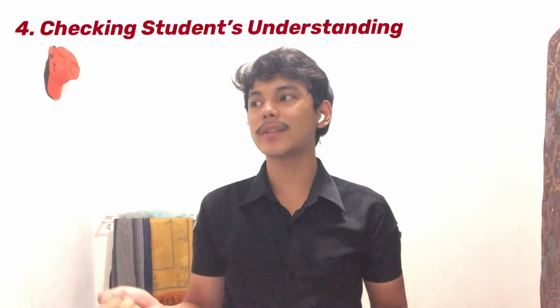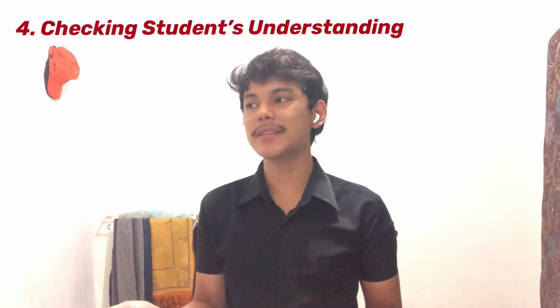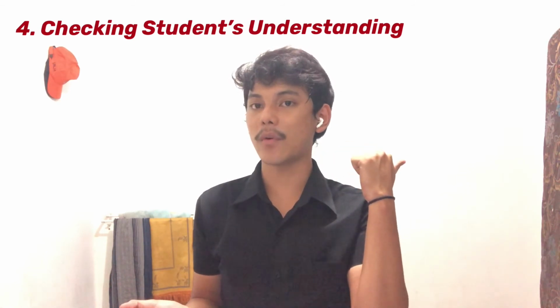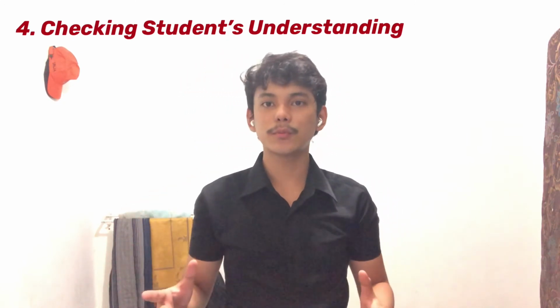So that's about the third step. After we deliver and explain our material, we have to conclude, as the fourth step. So the fourth step is checking the students' understanding. So we must find out whether our students really understand or not the material that we have explained before. There are several ways that a teacher can do, but sometimes teachers use words like, so students, do you understand?